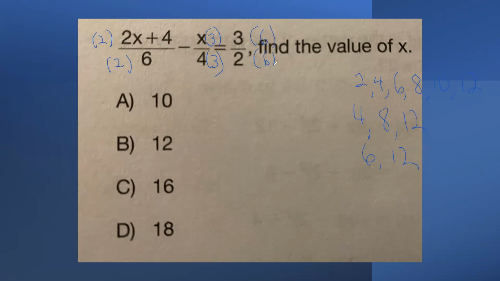So now let me write that. Remember, we're going to distribute the 2. That's going to give me 4x when I do this, multiplying. So it's going to be 4x plus 8 minus 3x equals 18.